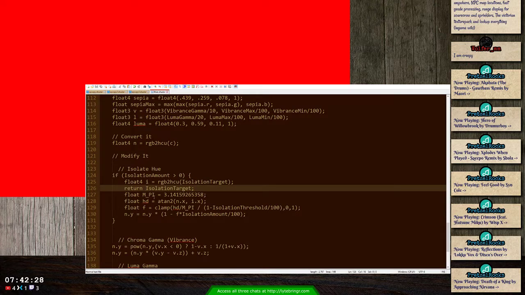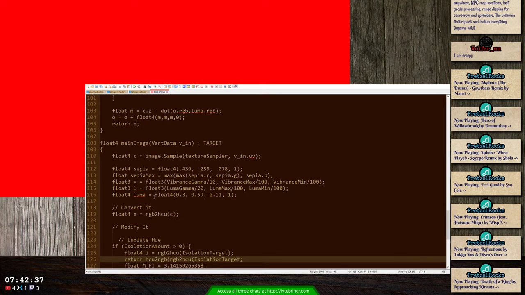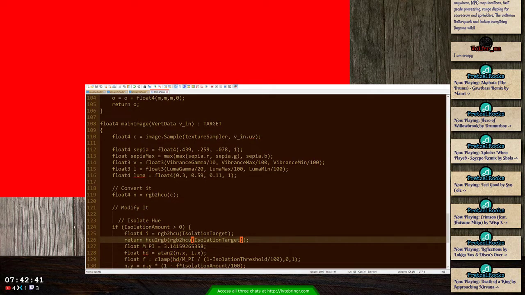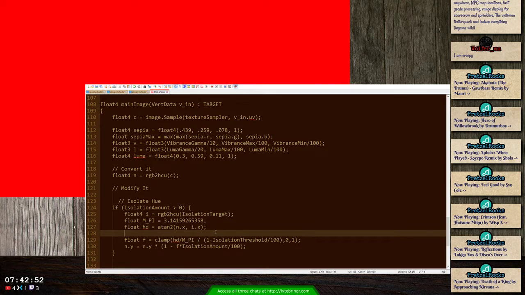Okay, what we're going to do is then return HCU to RGB of RGB to HCU of isolation target. Also red. Good. Okay. Now we're going to return float4 of HD, HD, HD, 1.